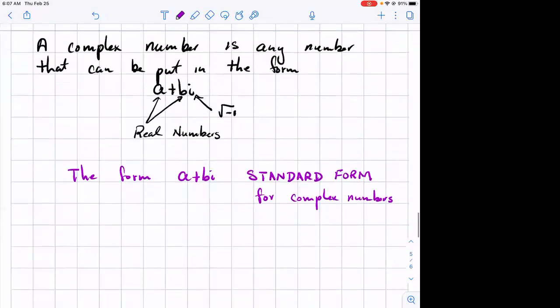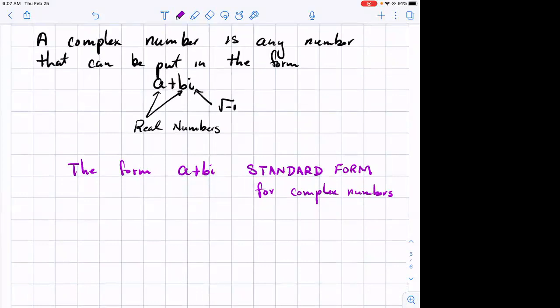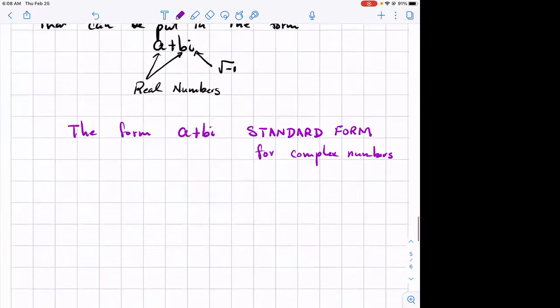And you will notice that all real numbers can be written this way, because if you don't see an i, it just means that b is 0. So a is generally what we call the real part, and b is called the imaginary part.